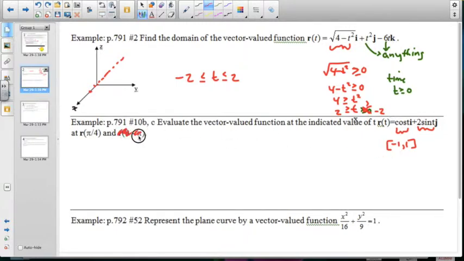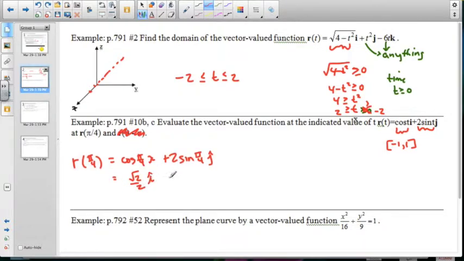So this is really not among the options of what we need to evaluate, but if we would evaluate the vector at pi/4, then that would be the cosine of pi/4 i plus 2 times the sine of pi/4 j. And so the cosine of pi/4 is square root of 2/2.